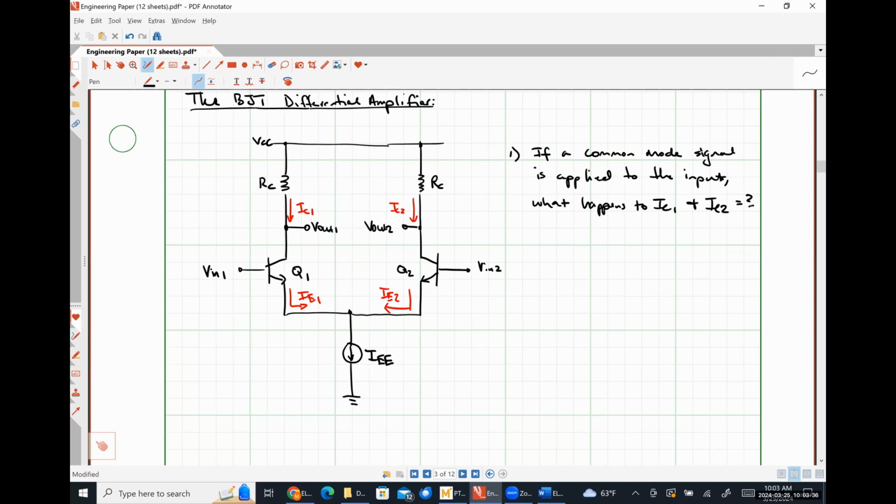So if our differential input signal is effectively zero, so that we only have a common mode signal applied at our inputs, what do you guys think is going to happen?